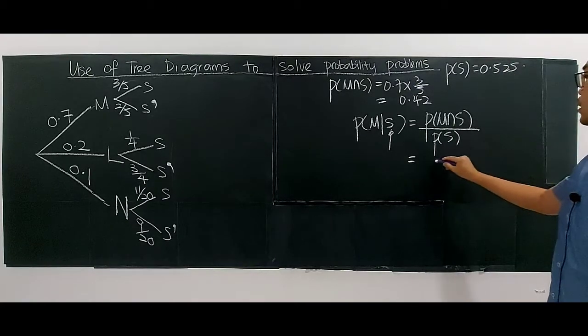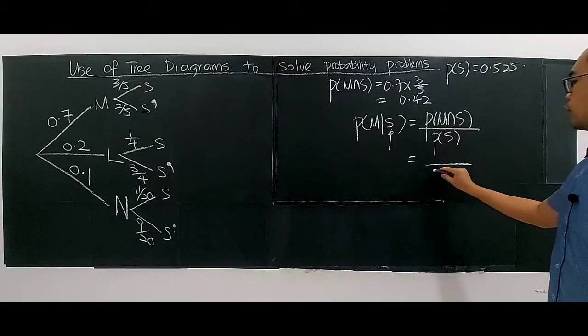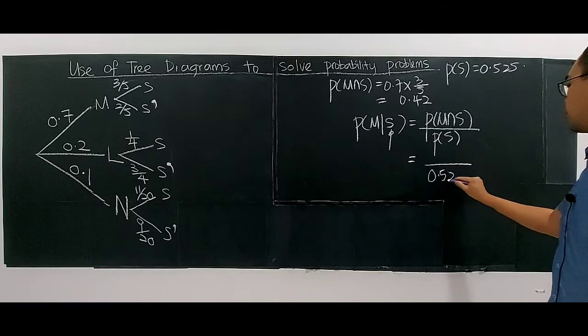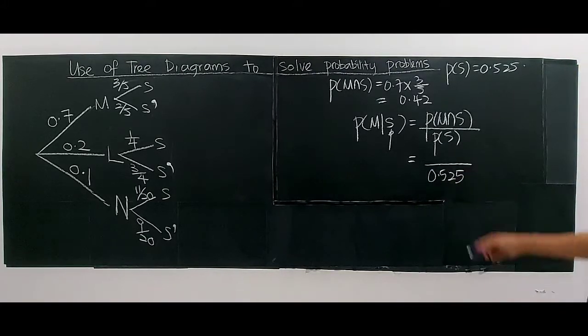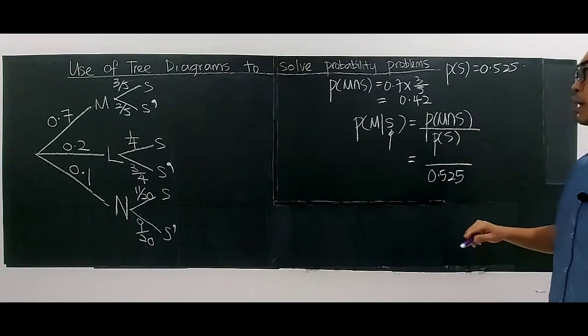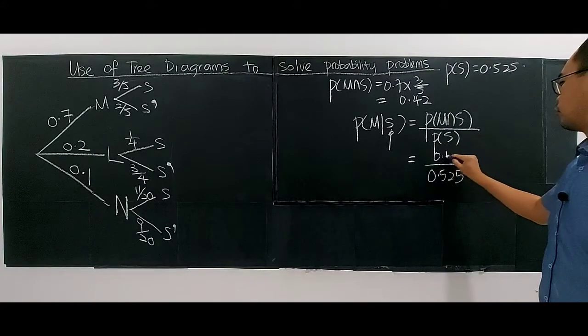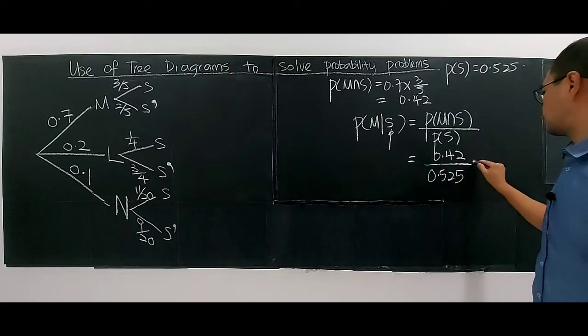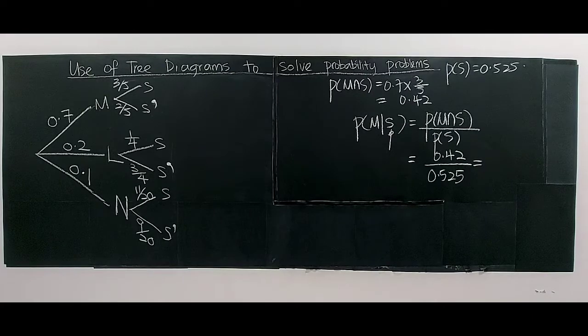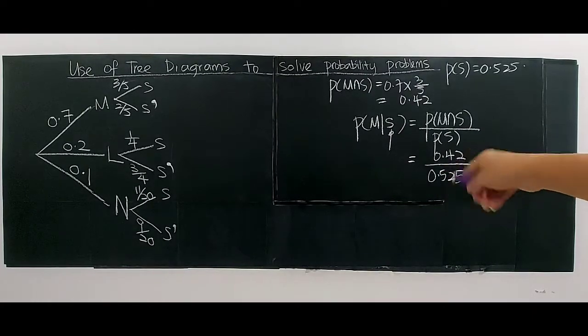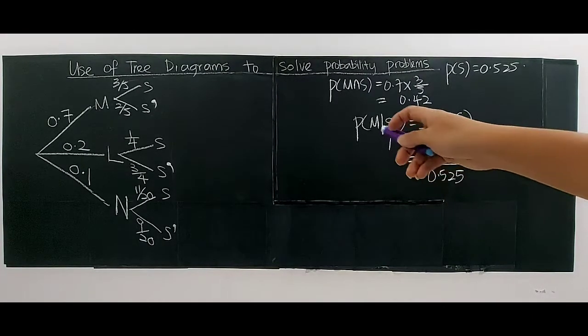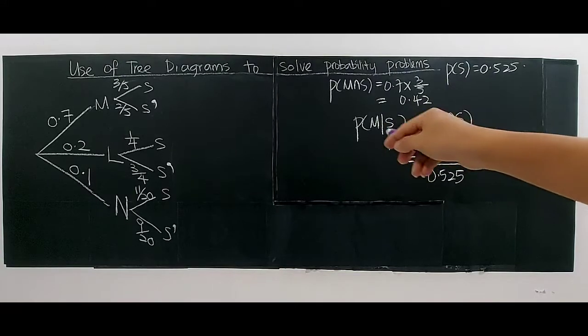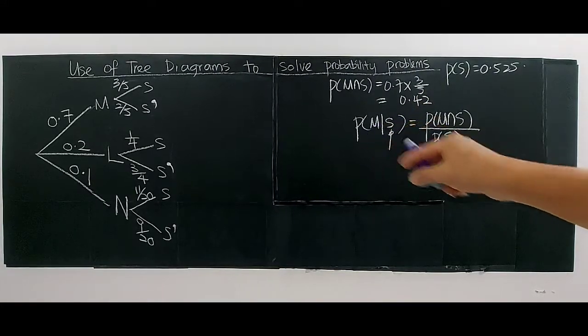So overall, you know that the probability of taking sugar from part A is 0.525, and for this it is 0.42. When you calculate, you can see customers who take sugar actually favor taking milk also.